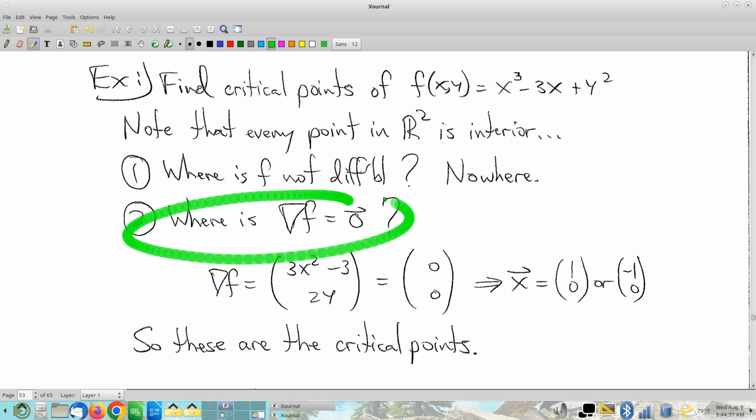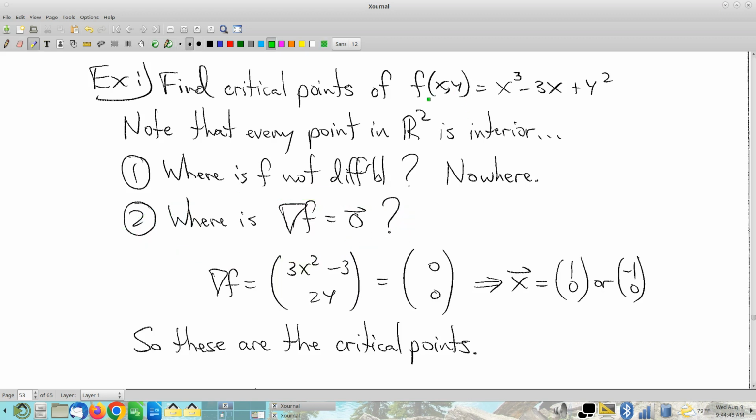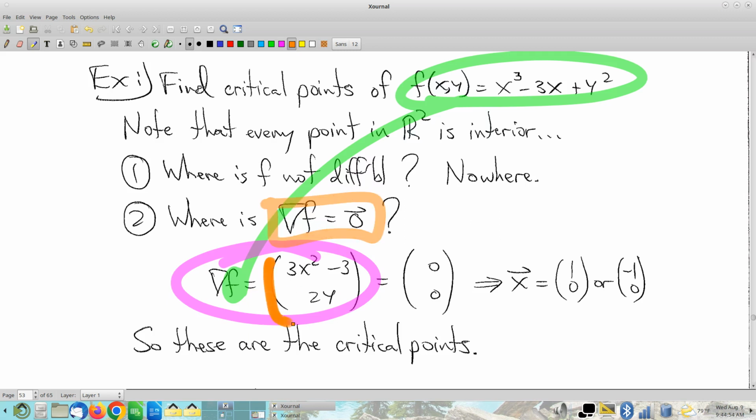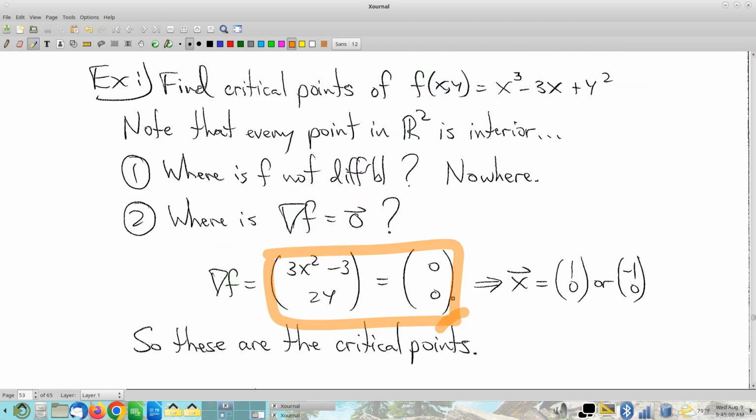Okay, next, where does the gradient fail to be non-zero? Said differently, where is the gradient equal to 0? Well, you take this function here, and you can compute the gradient. And if we want to know where the gradient is equal to 0, that means I need to ask where is this algebra here equal to 0. And altogether, you can look at this one coordinate at a time. And this right here definitely tells me that the y coordinate has to be 0.